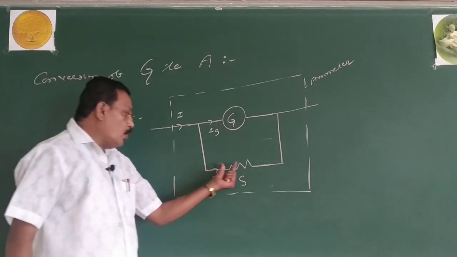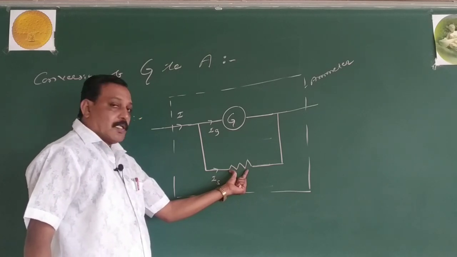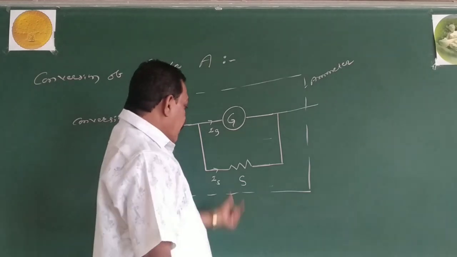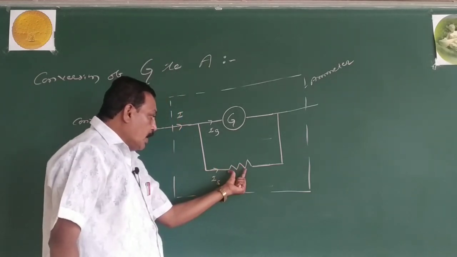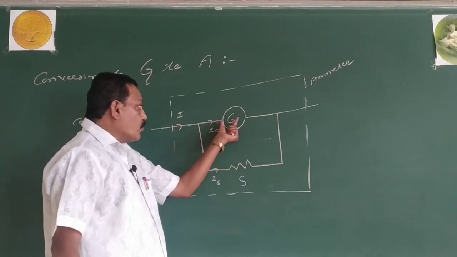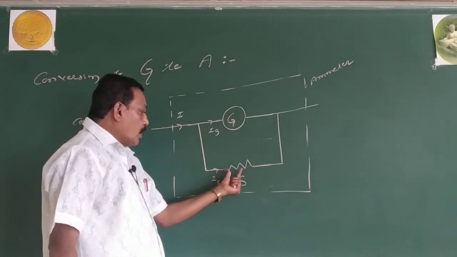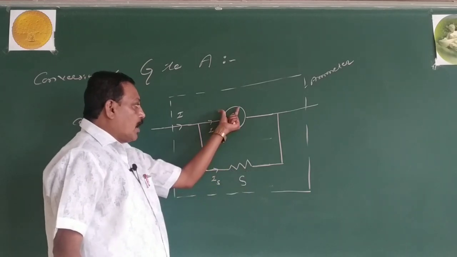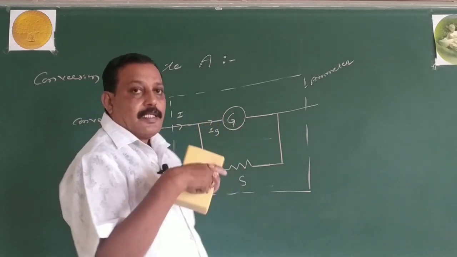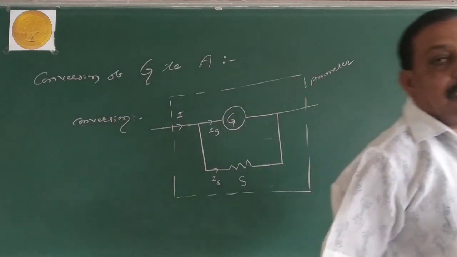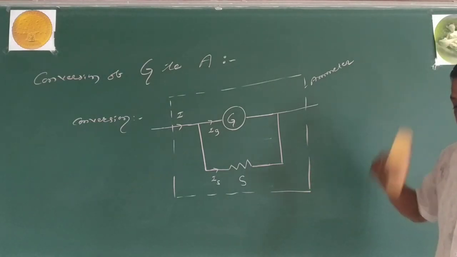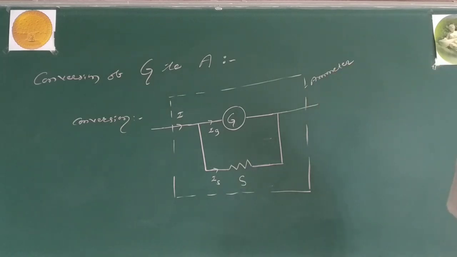Because of the low resistance, it allows maximum current. If a large amount of current is passed through the device, the maximum current rushes through the shunt resistance and less current flows through the galvanometer. Hence, whatever damage takes place, only the shunt resistance gets damaged, but the galvanometer is safe. Hence, it acts as a protecting guard for the galvanometer, and it also increases the range of the galvanometer.